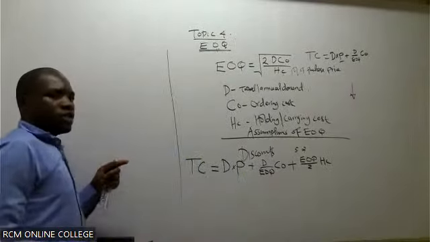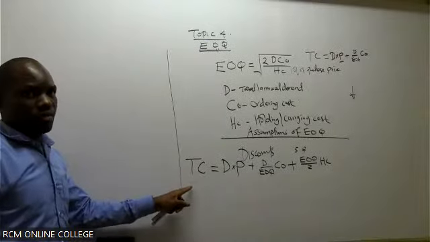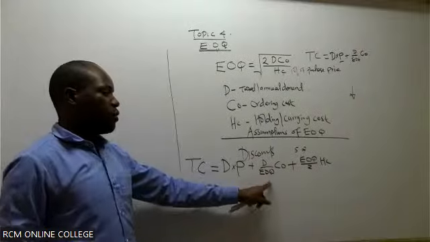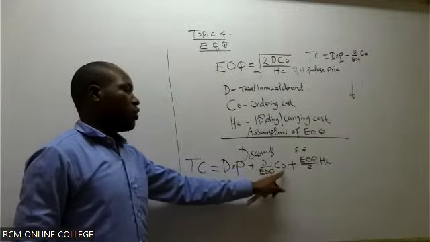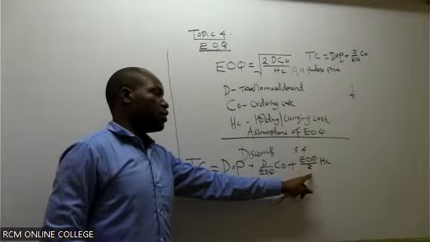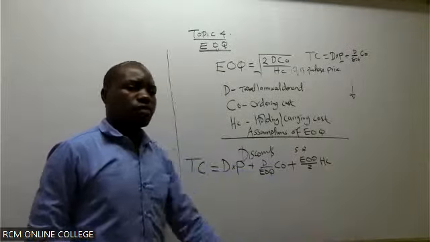So if you are given a question to give us the total cost incurred, this is the formula. Demand times purchase price plus demand divided by economic order quantity multiplied by ordering cost plus economic order quantity divided by 2 multiplied by holding cost or carrying cost.